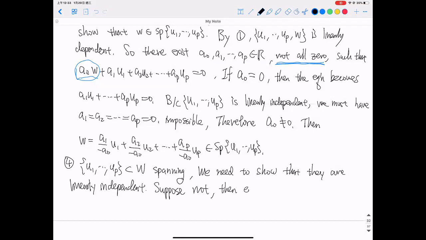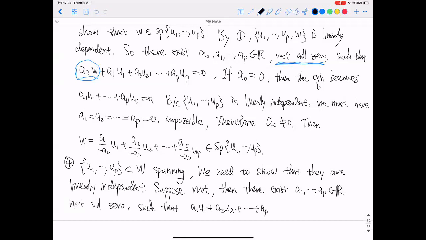Then there exist a1 through ap, real numbers not all 0, such that a1 u1 plus a2 u2 plus ... plus ap up is 0, right? Being linearly dependent assures that.